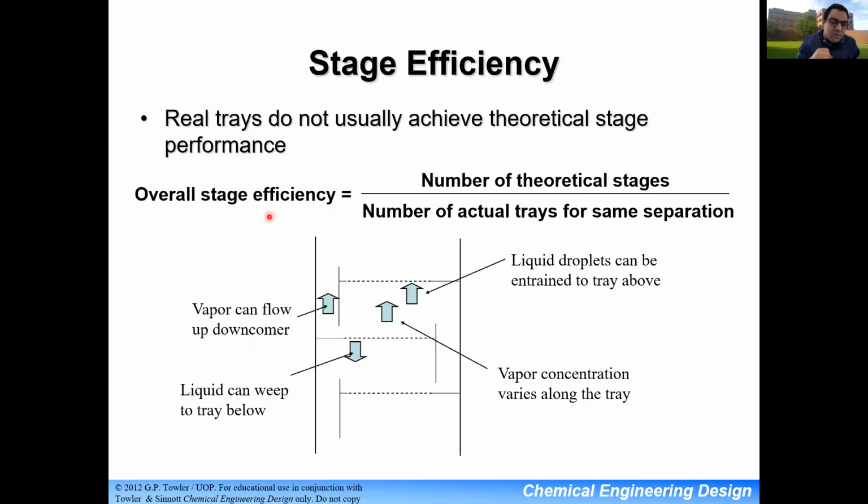For example, if we calculate 12 theoretical stages, and you look up through the manuals, or through the white papers from previous industrial experience, and you find out that the stage efficiency for the process you're designing is somewhere around 70%, you can divide your theoretical stages by the efficiency to get the number of actual stages.